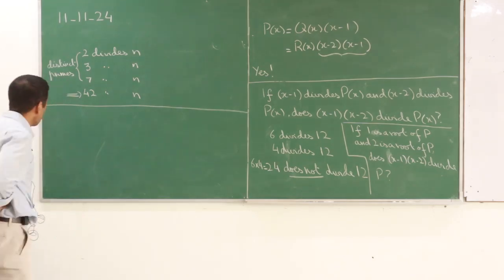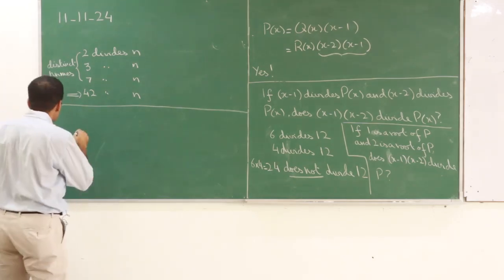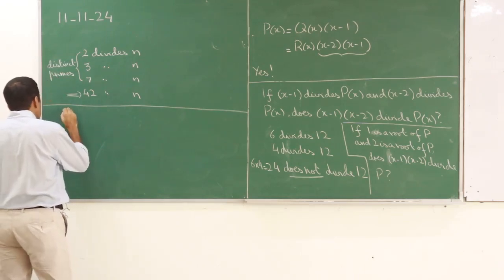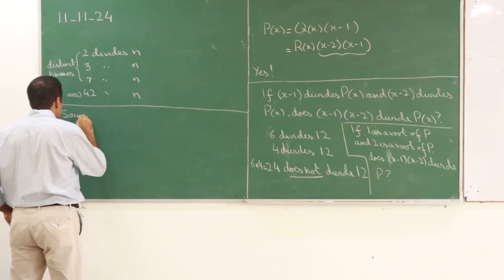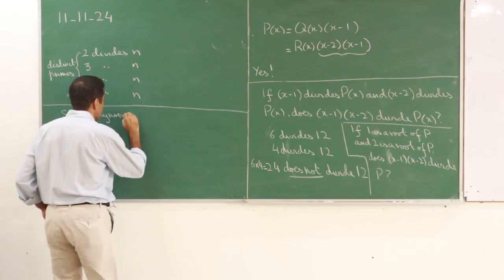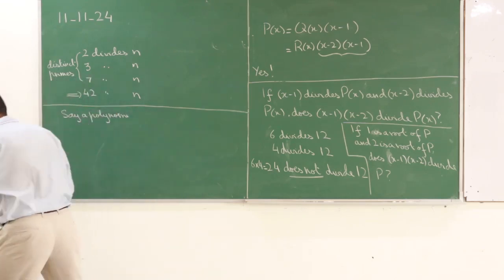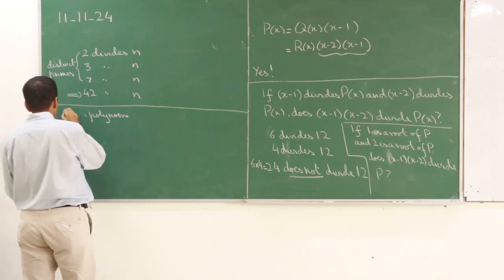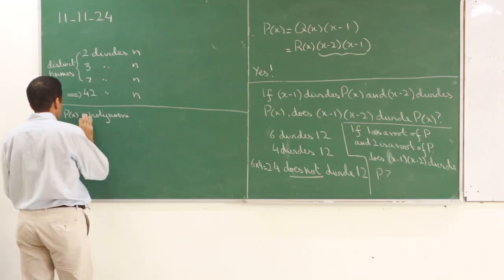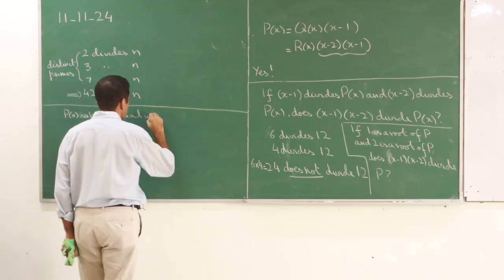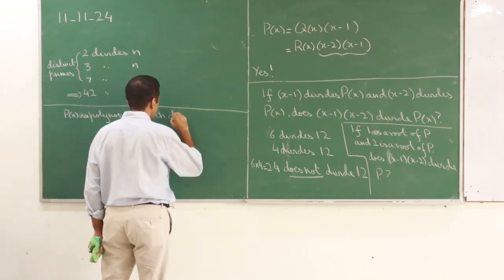One other little thing, I'm just trying to tie in some loose ends. So here's another little thing. Say a polynomial P of x is a polynomial with degree 5.